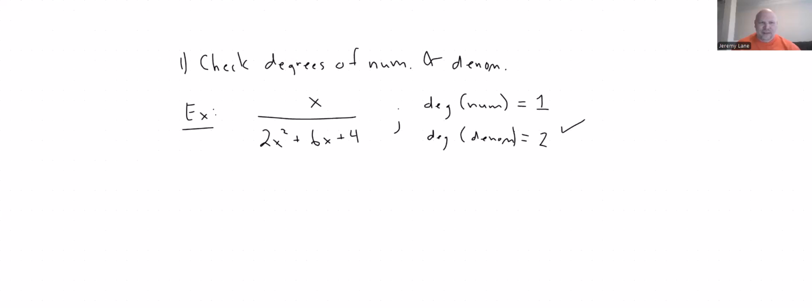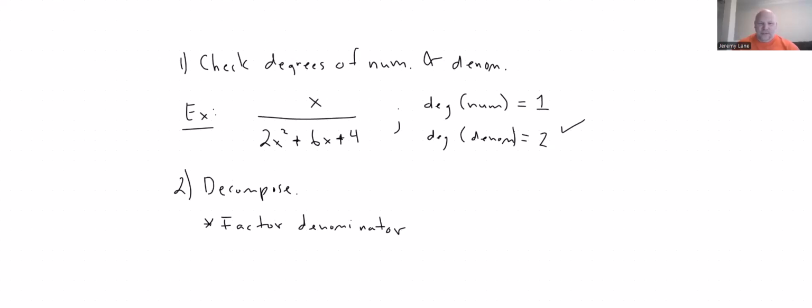So our second step now is to begin the decomposition. So we're going to go ahead and do the decomposition. What we need to do is factor the denominator, because remember, we're trying to figure out what we were multiplying those denominators from our individual pieces in order to get this denominator we have here.